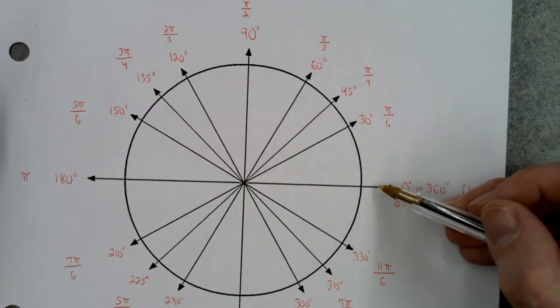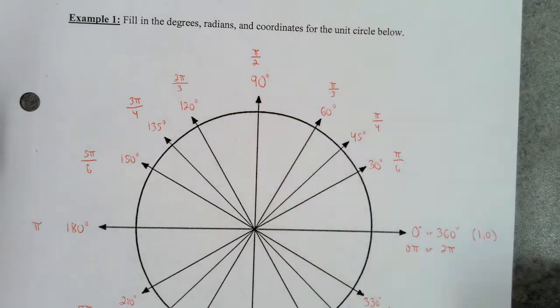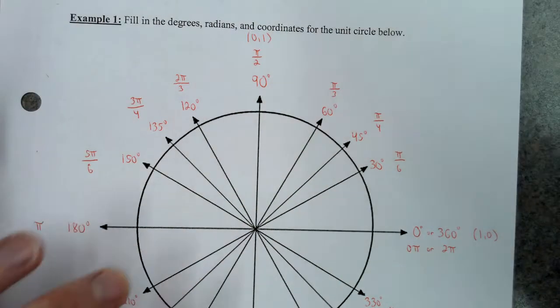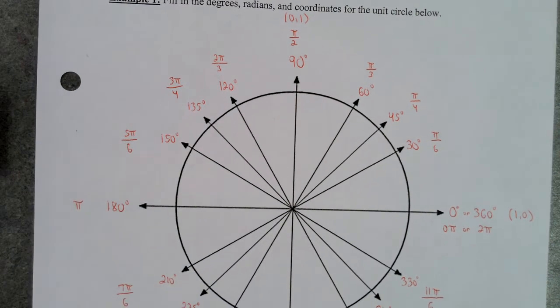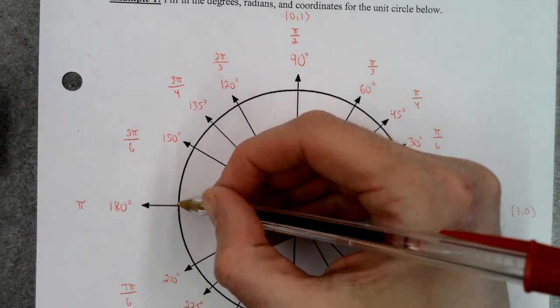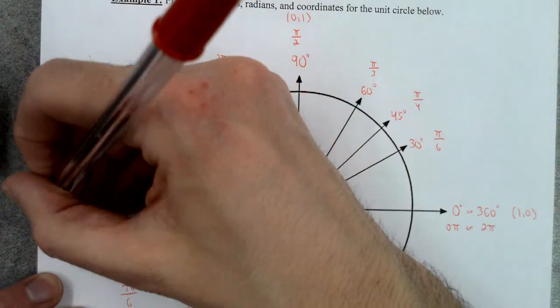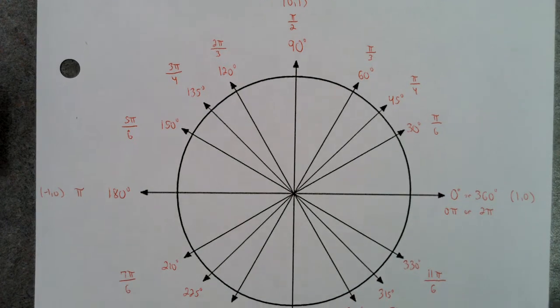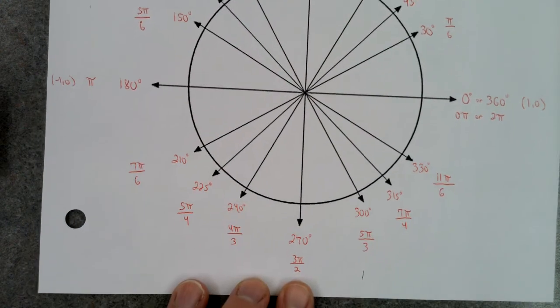This is 1, 0. That means up here is going to be 0, 1. Again, if this is the origin and the radius is 1, this will be negative 1, 0. Down here it will be 0, negative 1.